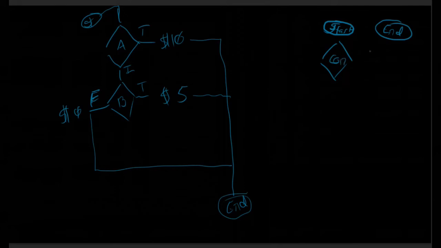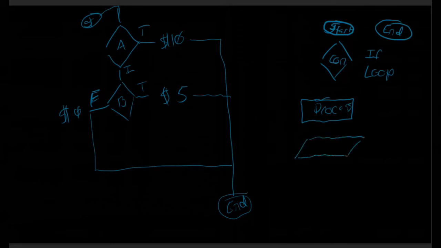And this was like our if statement and our looping statement. We also talked about our processes when we're actually doing something. Usually it's just a block like this, and this is doing a process. And then our inputs and outputs are usually a rhombus. We'll just do I/O, for input and output, and I think that was it.